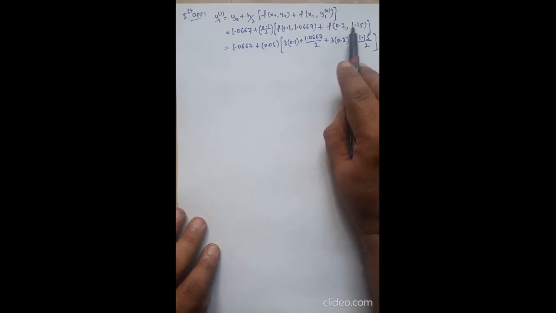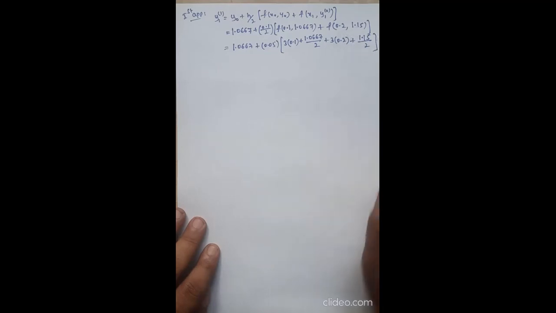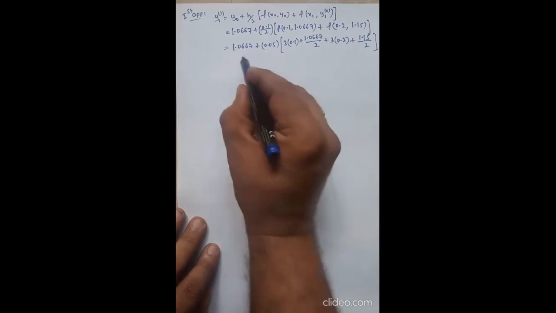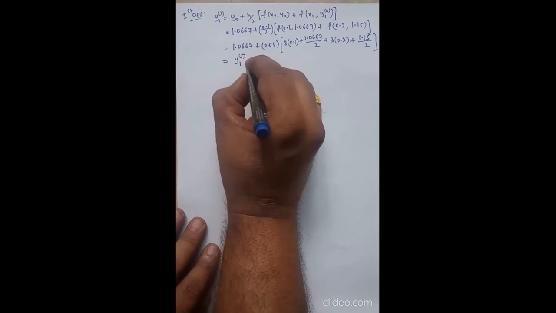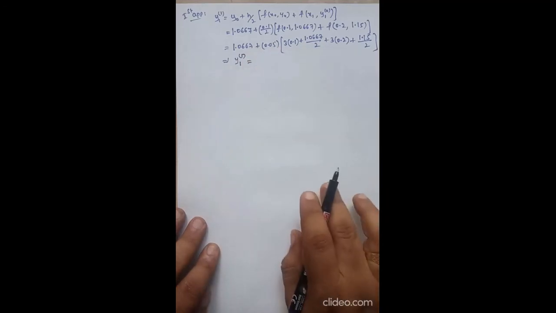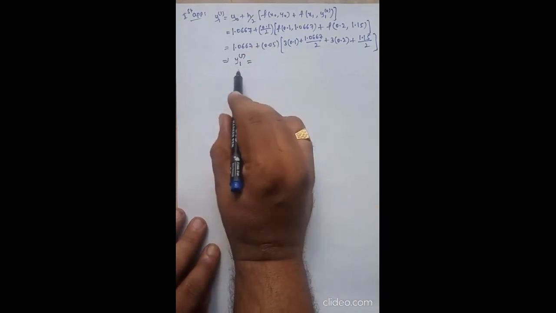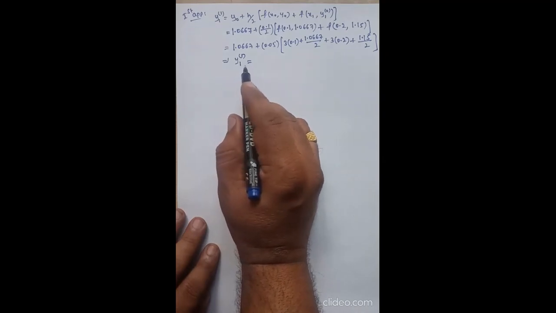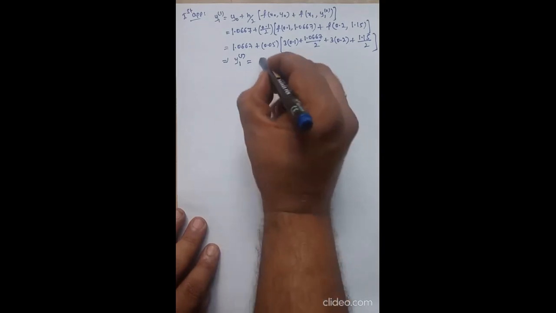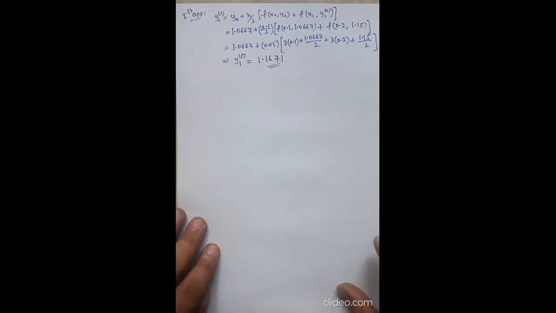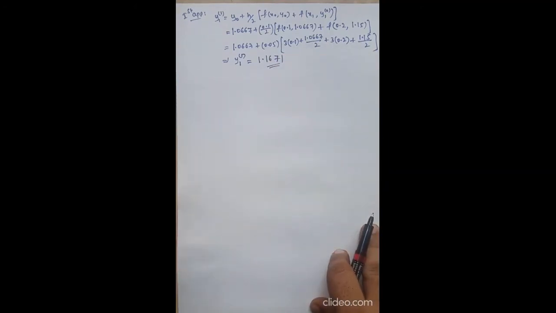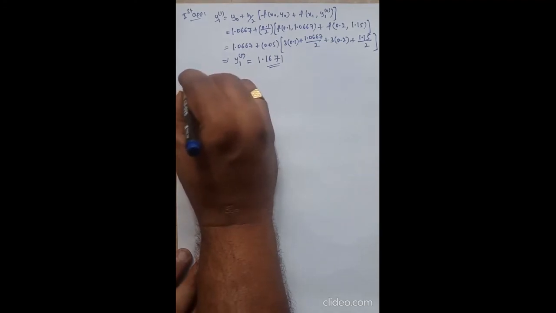The corresponding values of x and y are substituted. Now you can use your calculators and directly calculate this. If you calculate, you get the first approximation, which in this case is 1.1671. This is the first approximation we get. Now go to the second approximation.